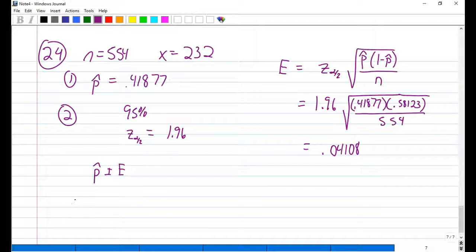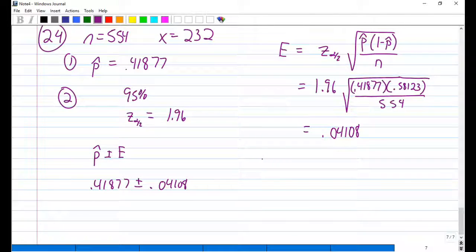So we're going to take our point estimate, and we're going to add and subtract 0.04108. And that's how we get our two endpoints. All right, so whenever you add and subtract that, you get 0.37792 and 0.46008.